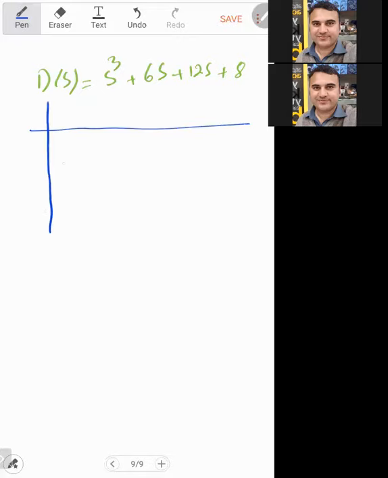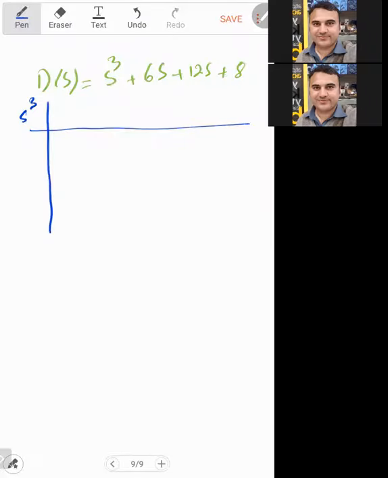We started with s cubed, and then s squared. So for s cubed, the coefficient is equal to 1. For s squared, the term is 6s squared, so the coefficient is equal to 6.